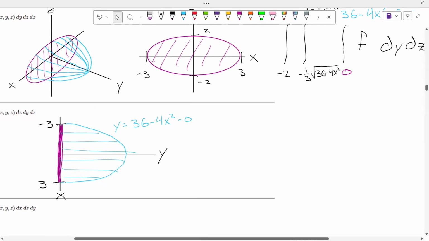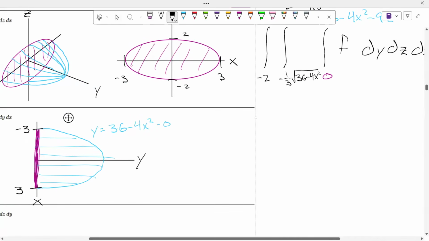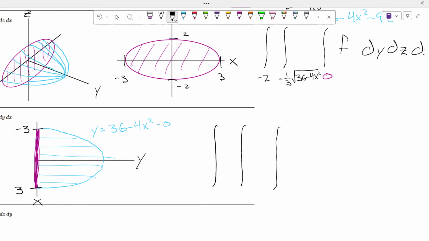So if I do that same thing, go look at another triple integral. It's also worth pointing out, this is at a y value of 36. So then I can see that if x and z are both 0.